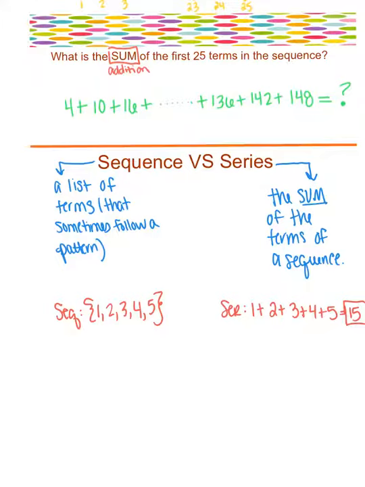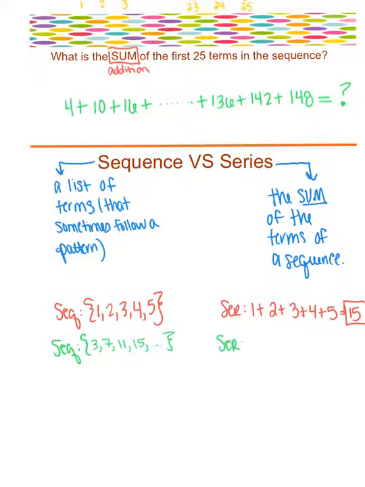Let's look at another one. What if I had 3, and let's add 4. Let's do an arithmetic sequence where we're adding 4. So 3, 7, 11, 15, and so on. You can see this is an arithmetic sequence that's infinite.